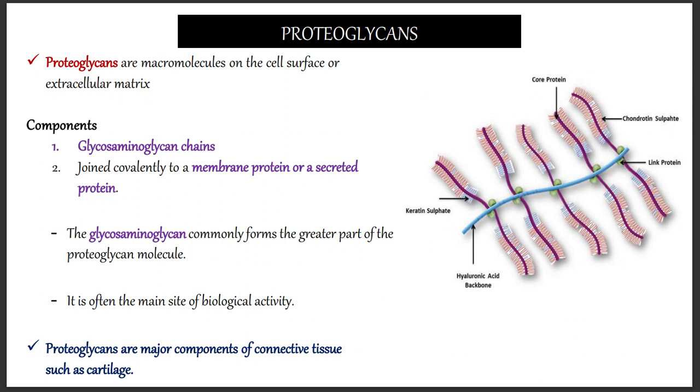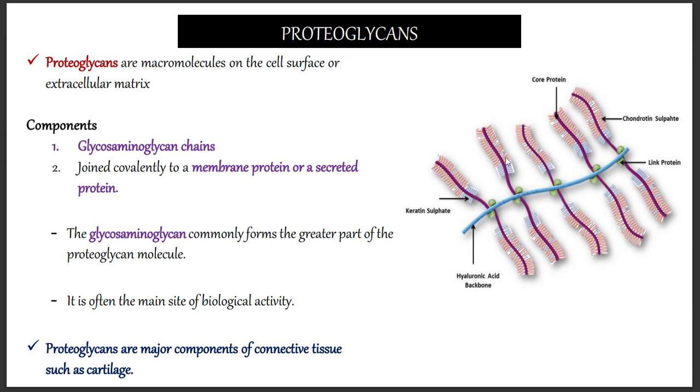And then you also have a protein. So those are the two components, a protein and the carbohydrate. The specific carbohydrate is the glycosaminoglycan. You can see you have the glycosaminoglycan hyaluronic acid in the middle as a backbone, and to this you have some proteins coming out.